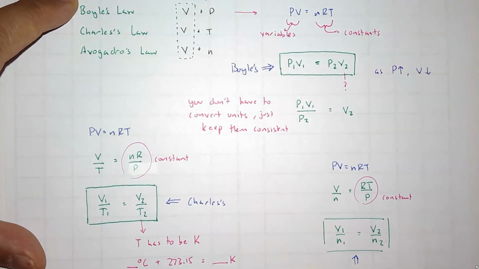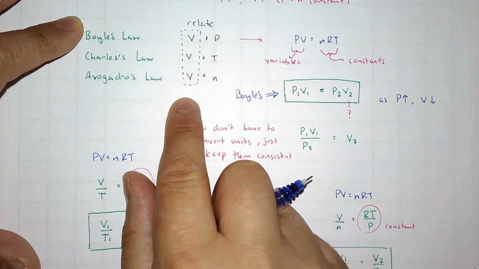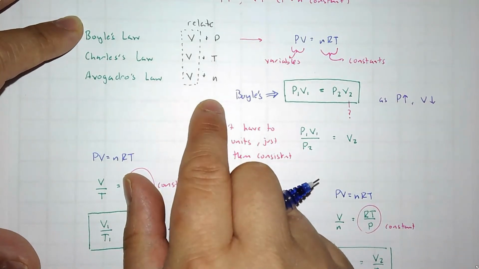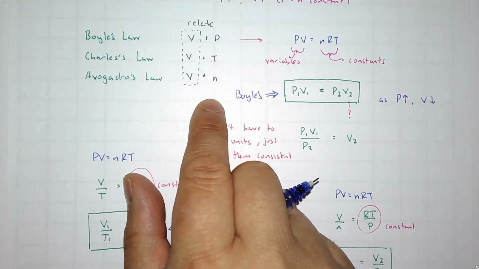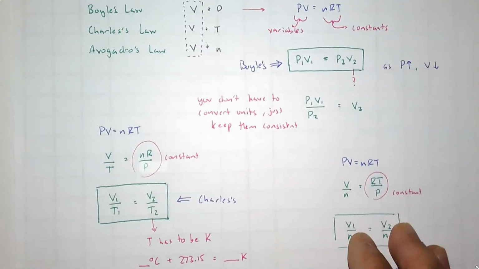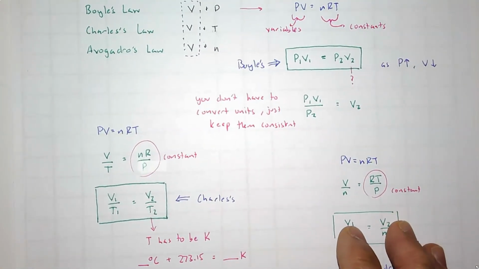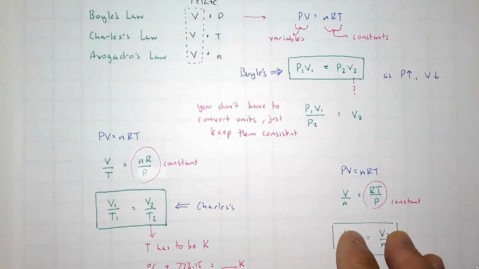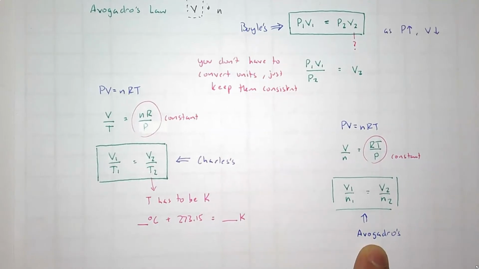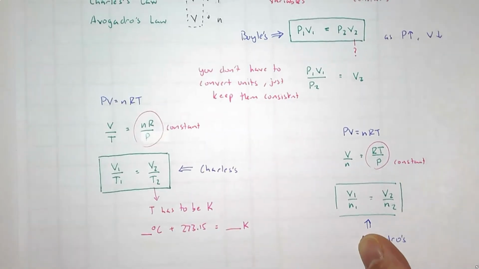I think the combined gas law is actually relating three variables: volume, pressure, and temperature. Don't quote me on that. But these are the three main ones, and these are the ones that you may need to memorize the names: Boyle's, Charles, and Avogadro's. Okay, moving on.